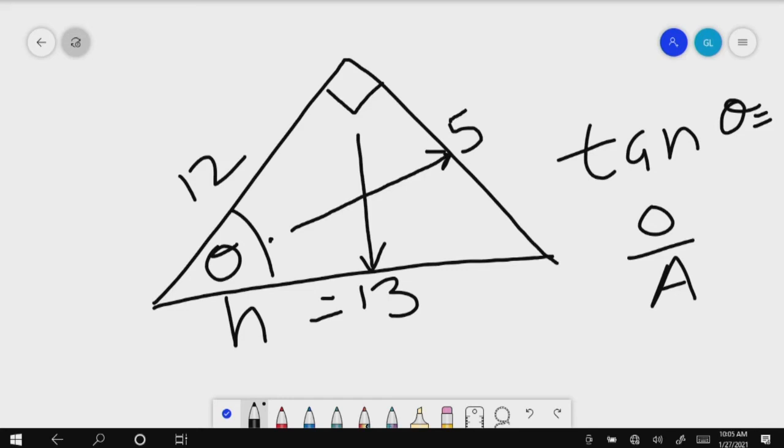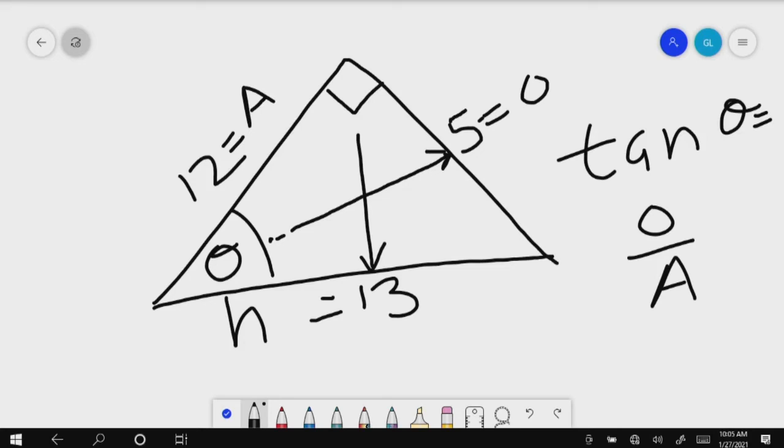In reference to the triangle and the angle, the side opposite the angle is always the opposite side. Hence, 5 is the opposite side. So the remaining side here is the adjacent side. I do this because it's very important. Many times we're making mistakes.